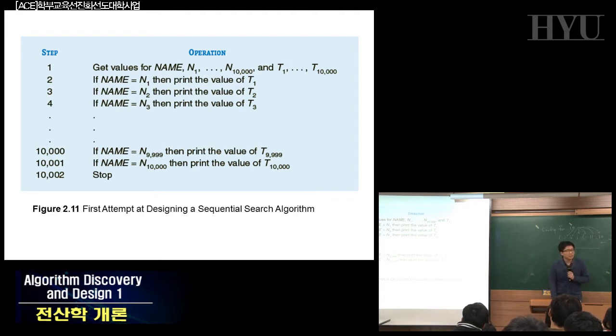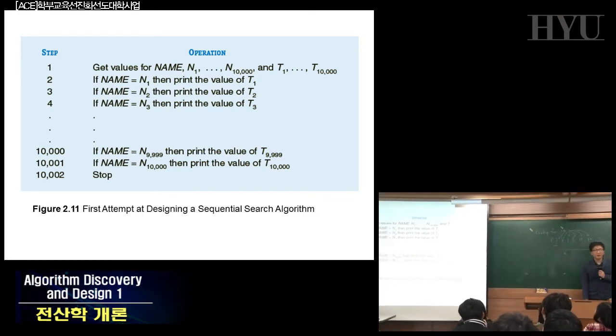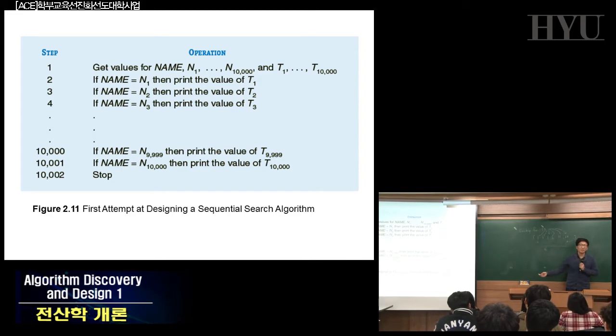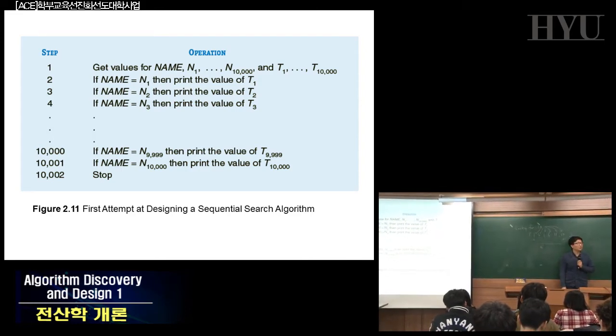What if my name is at the very back? My name's in T10,000. Then I have to go through them all until I match one. Is it a good algorithm to do it? Probably not. But it doesn't matter. It still works. It's going to take a bit longer than the others, but it still works.